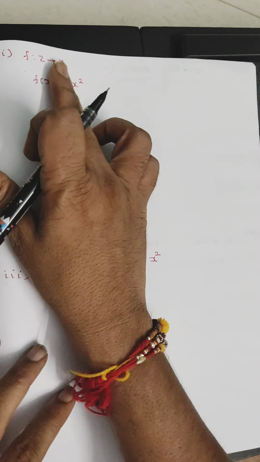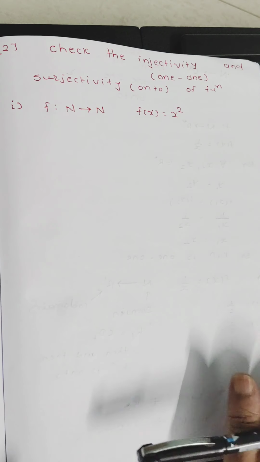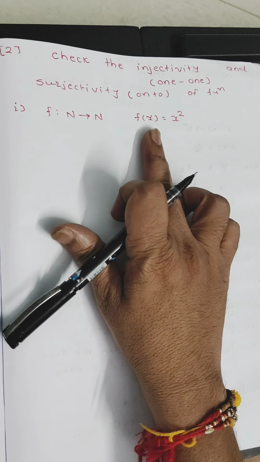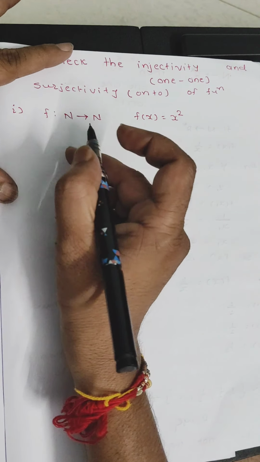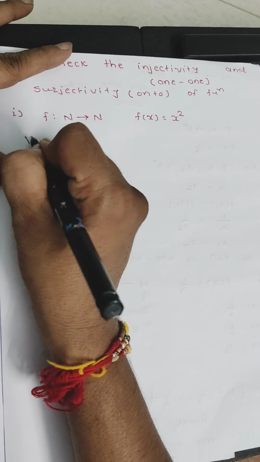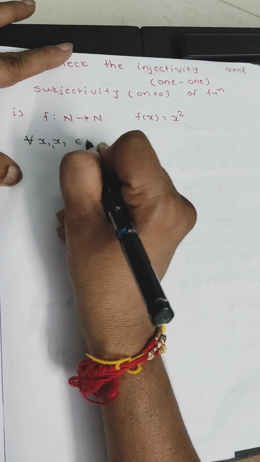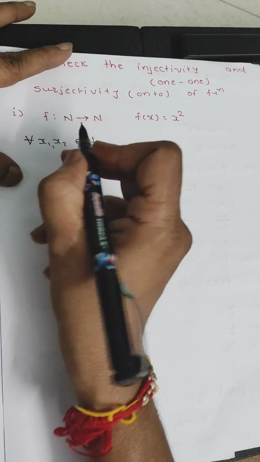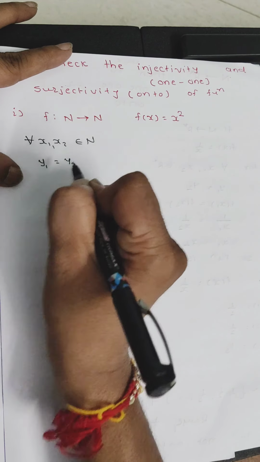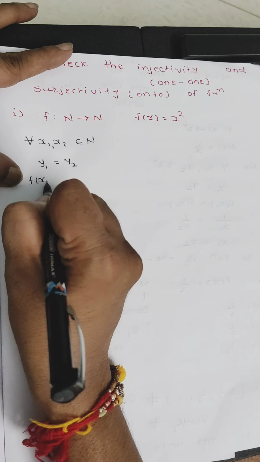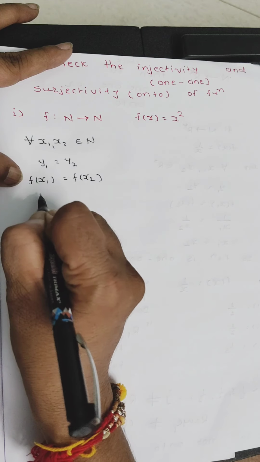Here Z to Z, first N to N was there. First N to N is there and f(x) is equal to x square. So here again I am writing that for x1 and x2, which belong to natural numbers, suppose y1 is equal to y2, so f(x1) is equal to f(x2).